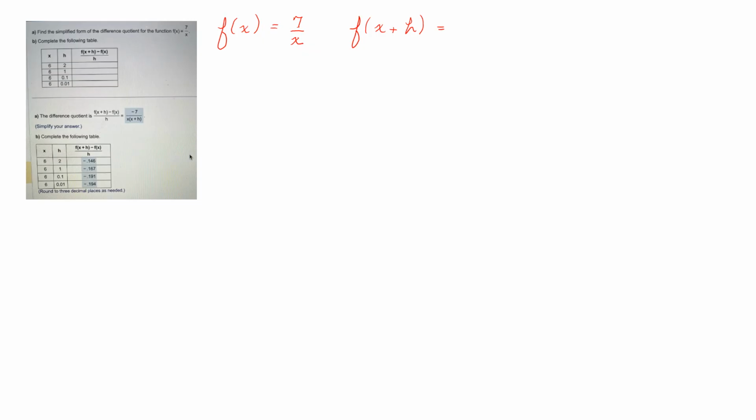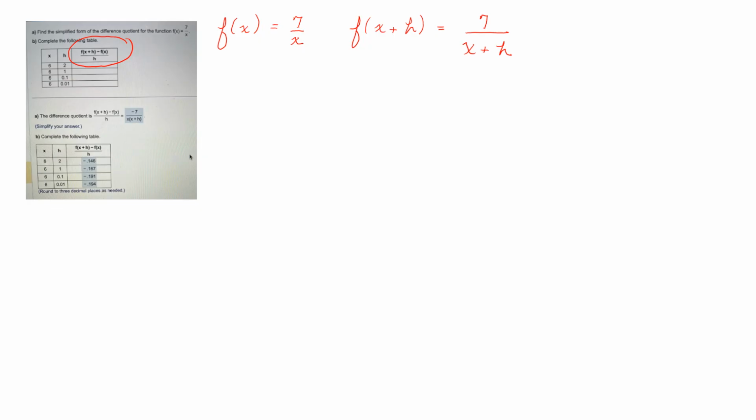That means that everywhere there's an x in the original f of x, we replace that with x plus h. So it becomes 7 over x plus h. Now we want to plug that in to this and simplify.